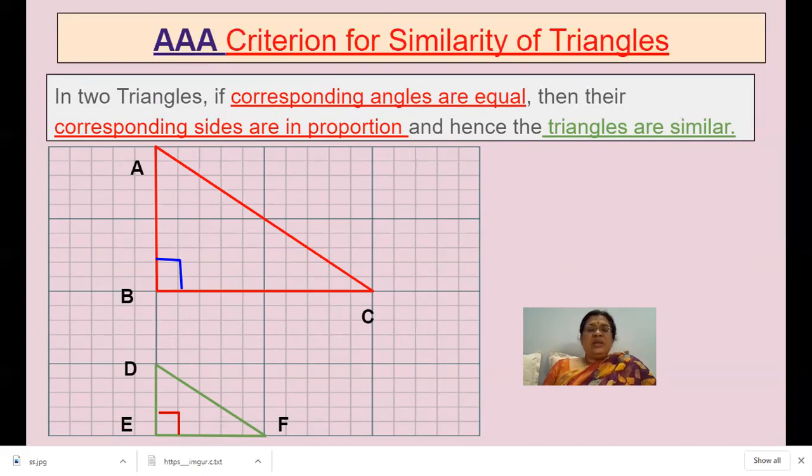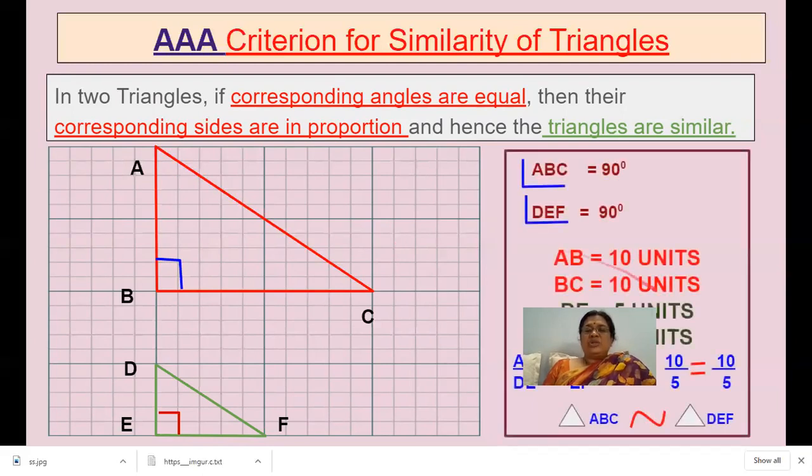If angle B and angle E are 90 degrees, ultimately angle A and angle C will be 45 and 45, since the sum of the angles in a triangle is 180. So here you have 45 degrees, and here you also have 45 degrees. So the angles are equal, therefore the sides are proportional.